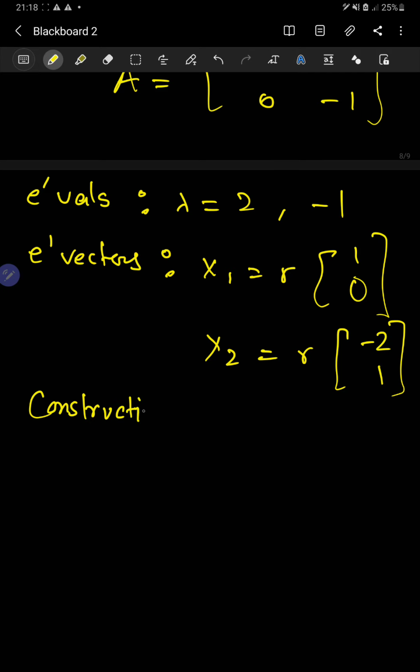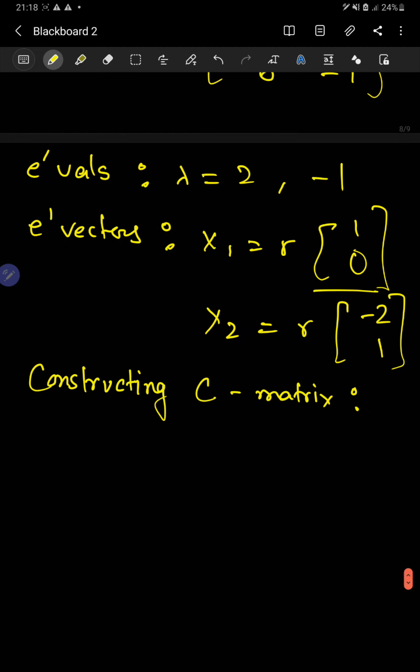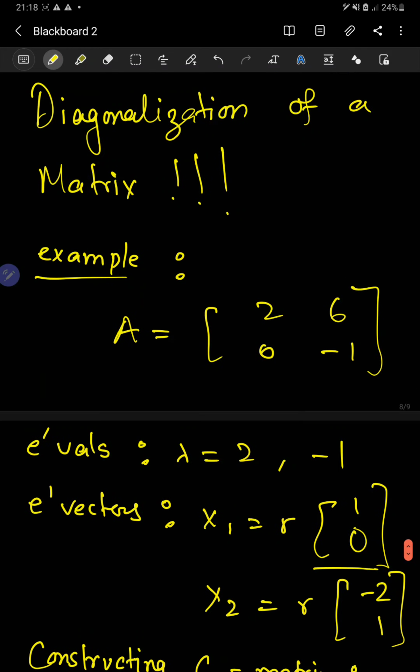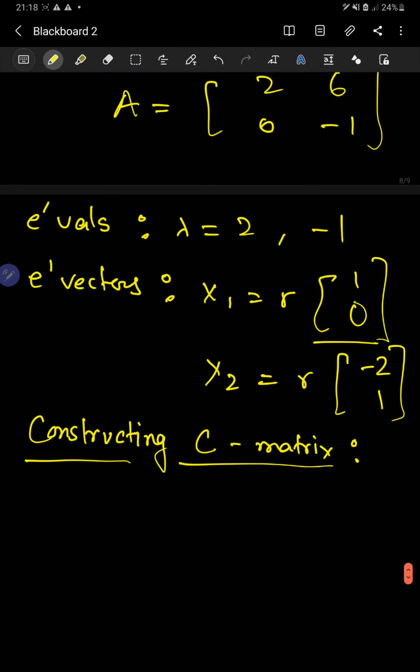So how do you construct the C matrix? You just take these eigenvectors. Let's say you can take r equal to 1, since you have the freedom to take any r, and any r would satisfy the eigenvector relationship.